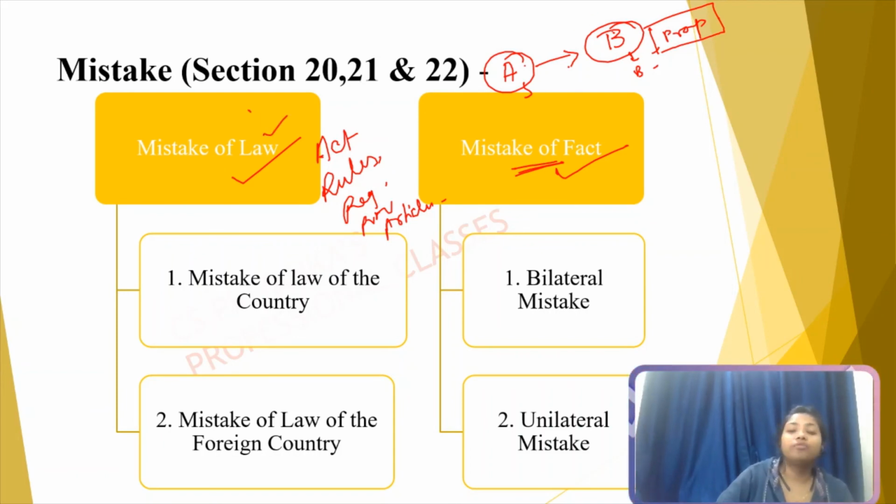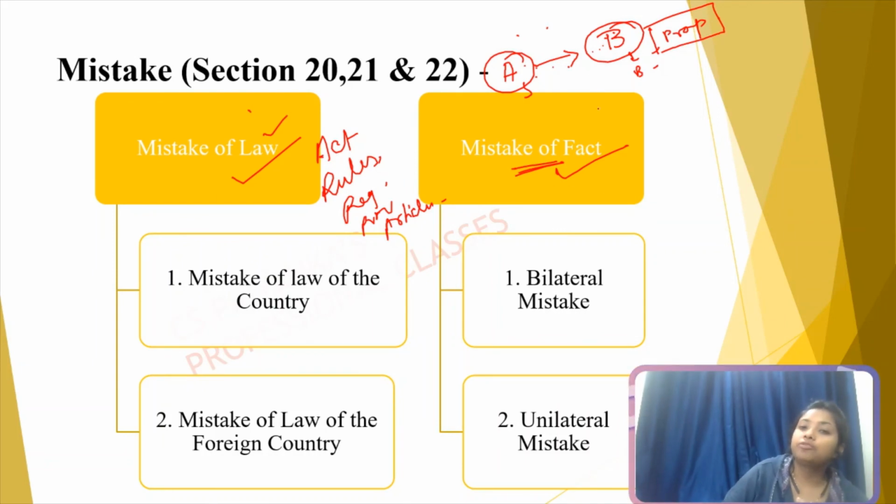Obviously they will make mistakes while preparing the contract. That means they don't know the proper provisions, how to prepare it, the essentials, all these matters. So if they miss any essentials from the contract, then we can say they have made a mistake of law. That means without knowing the proper rules and regulations, they entered into a contract.